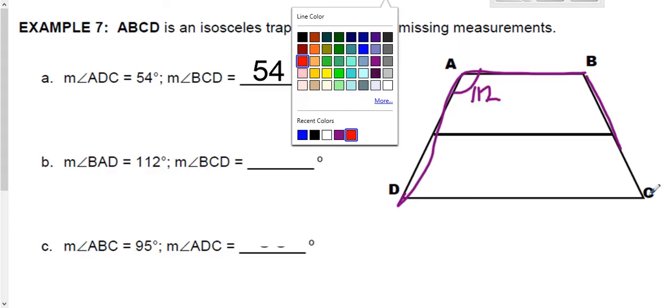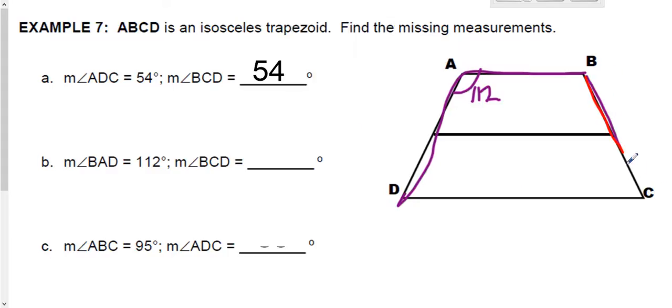From B to C to D, well, that's this corner down here, okay? And these aren't the same. These are the same on the bottom, but not the same as those top ones. So we're going to call this X right now. So this would be X also, because these two are the same. And these two up here are the same, 112.